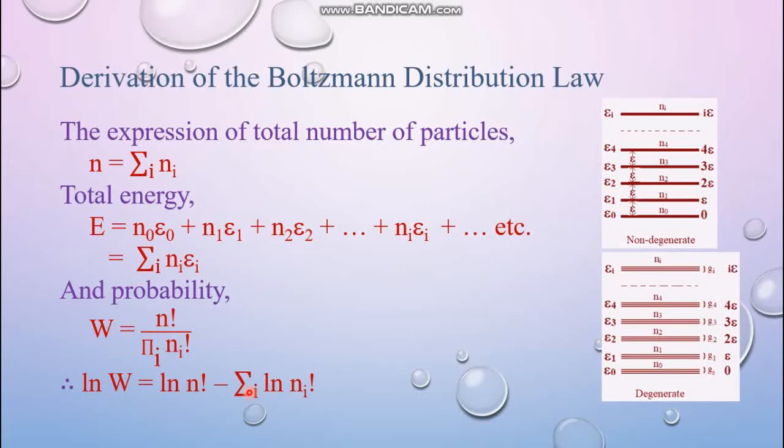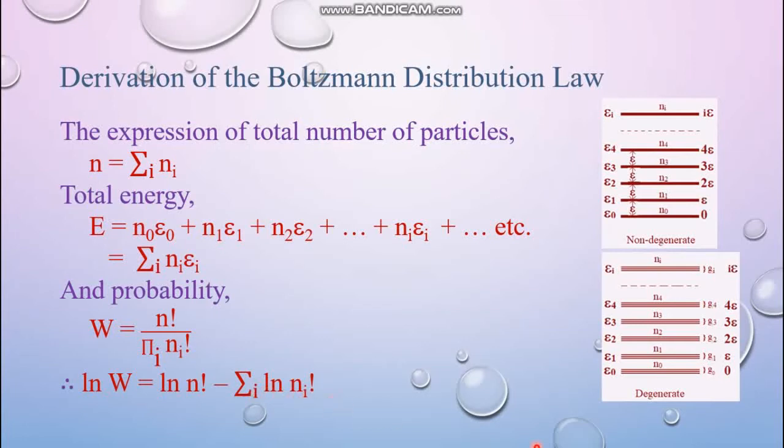Okay, this product over i would become sum over i, because we are taking the log now. Suppose log of x into y into z, what is that? This is log x plus log y plus log z. So the multiplications are converted into summations in the logarithmic operation. Okay, so it would become sum over i ln ni factorial.